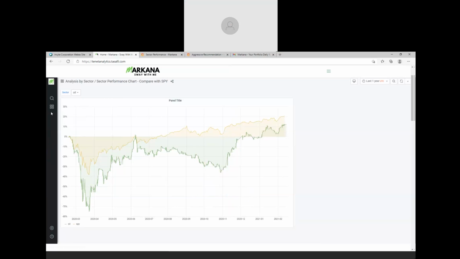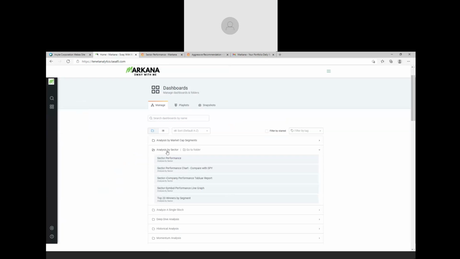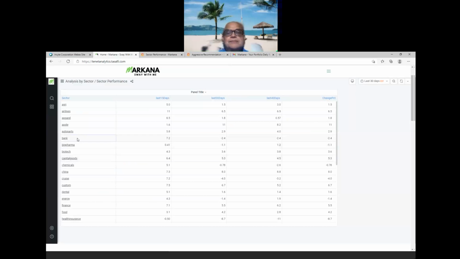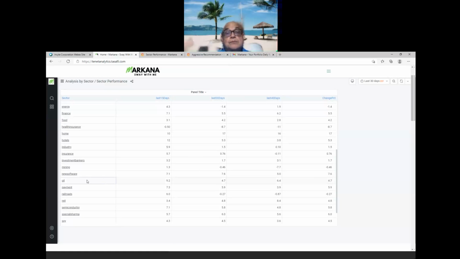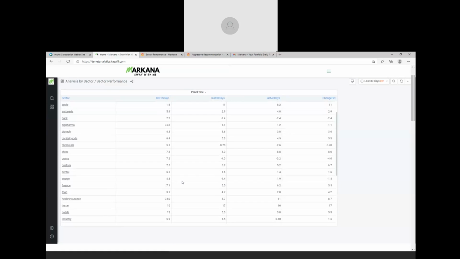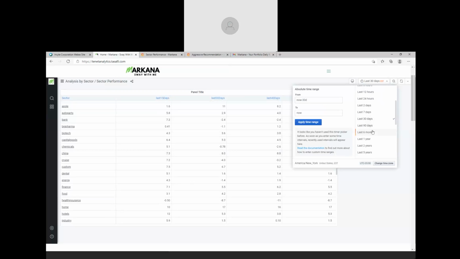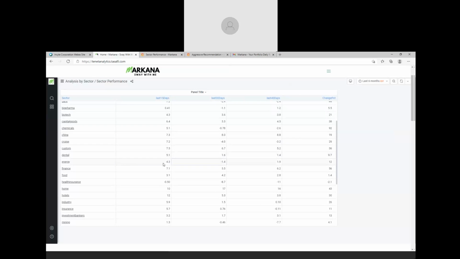So now that you saw this chart, let me go back to the numbers, right? So you look at oil, yeah. Last 6 months, let's take, right?